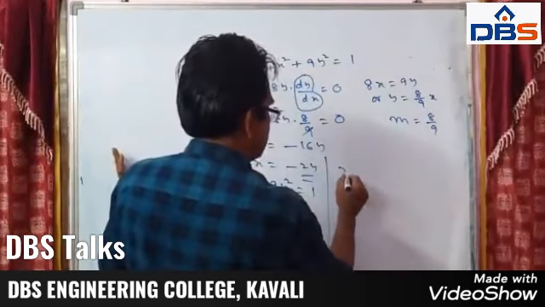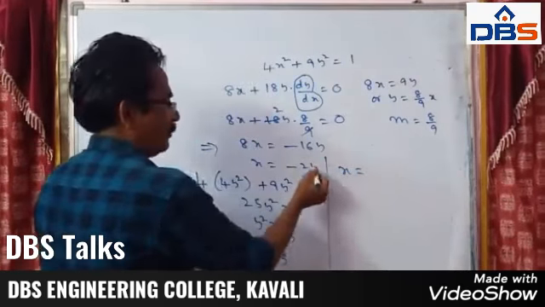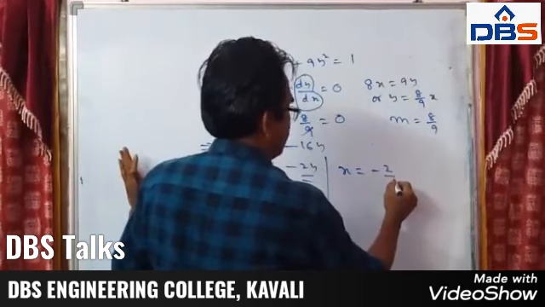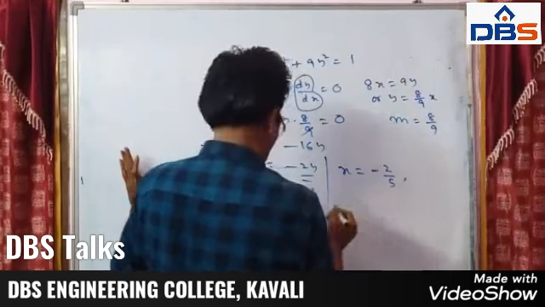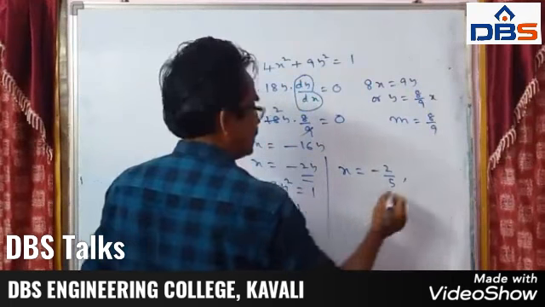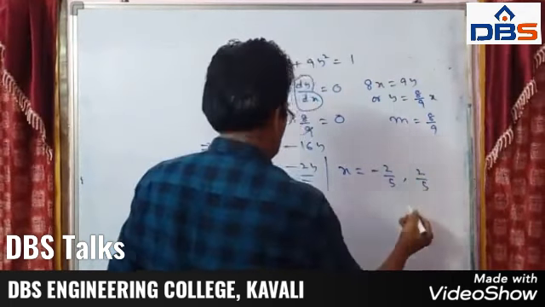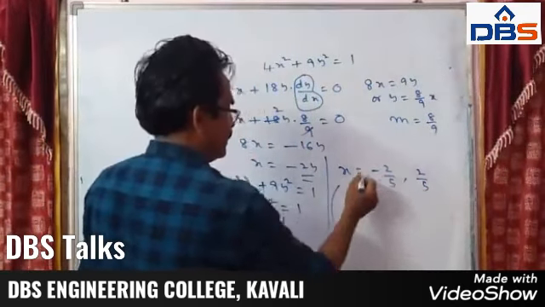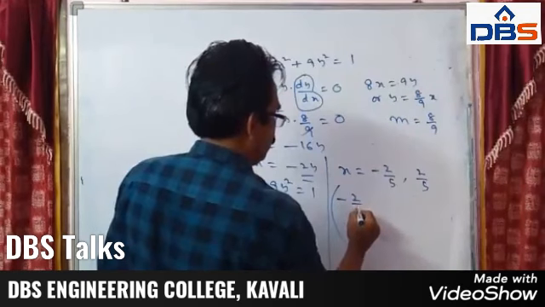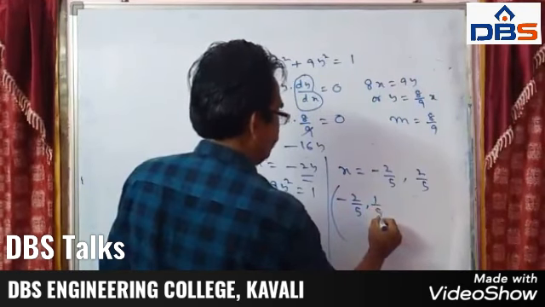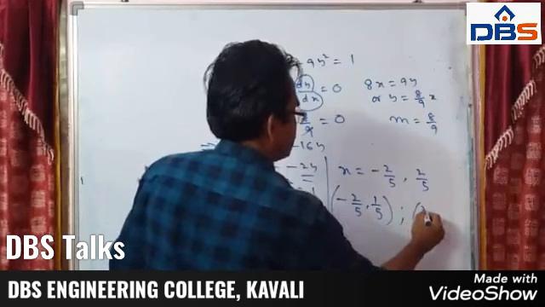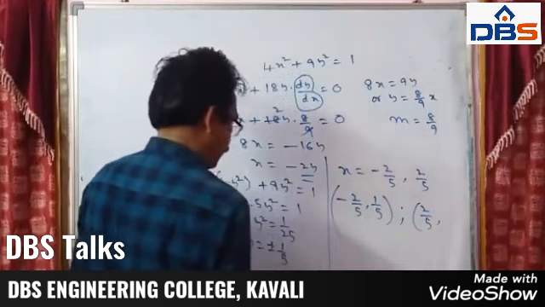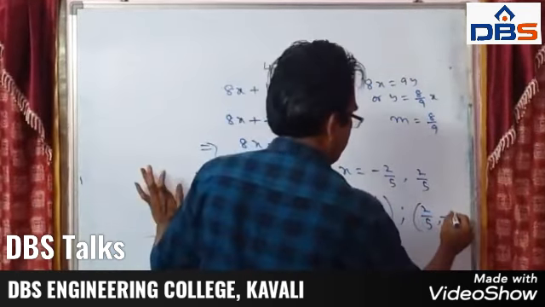Then x is equal to minus 2 by 5 or plus 2 by 5. So the points are: if x is equal to minus 2 by 5, y is equal to 1 by 5. If x is equal to 2 by 5, y is equal to minus 1 by 5.